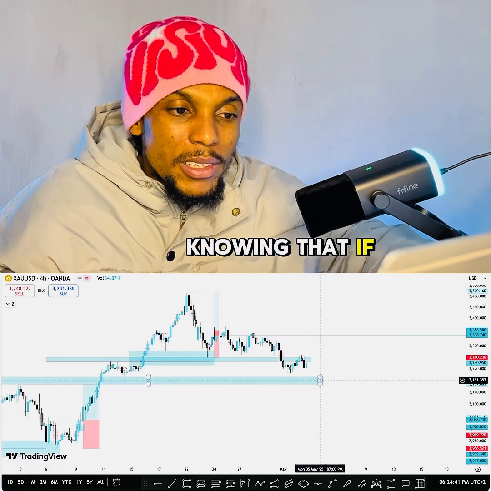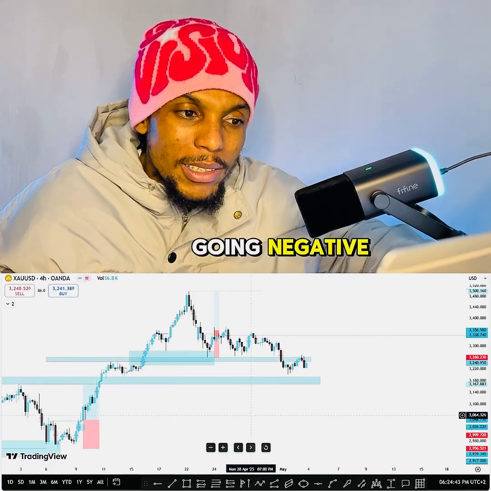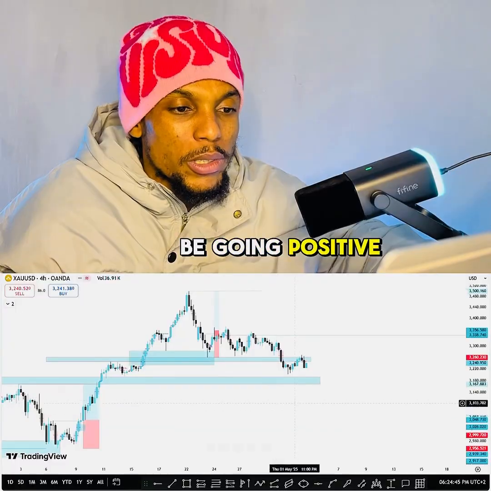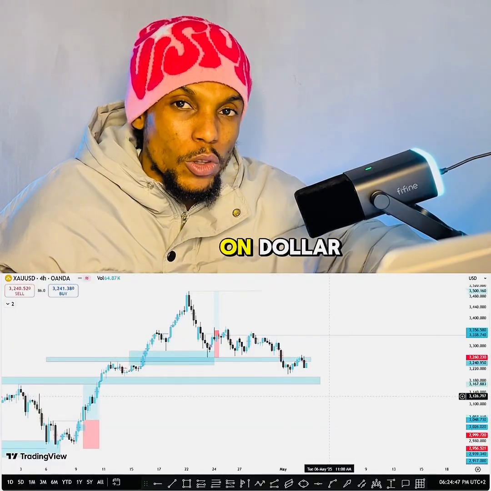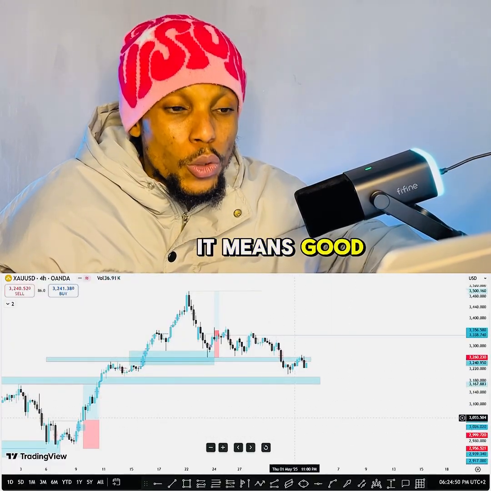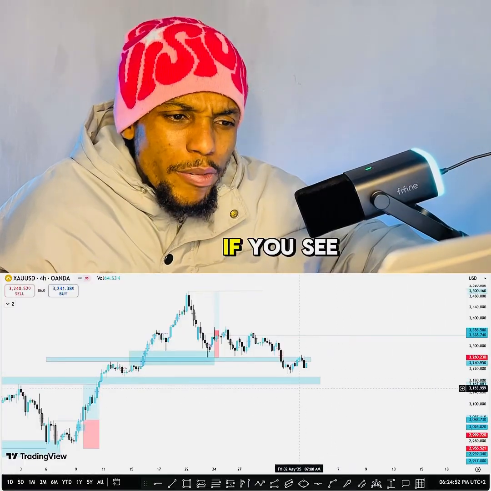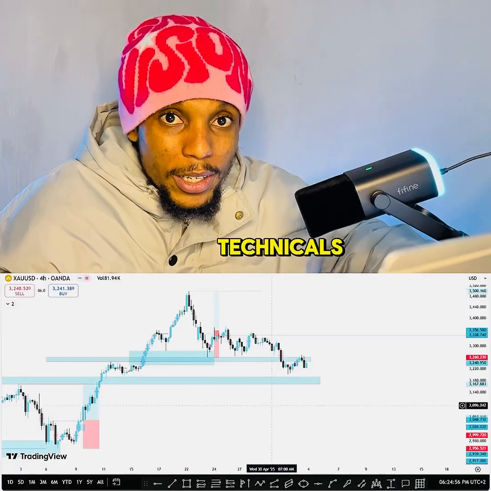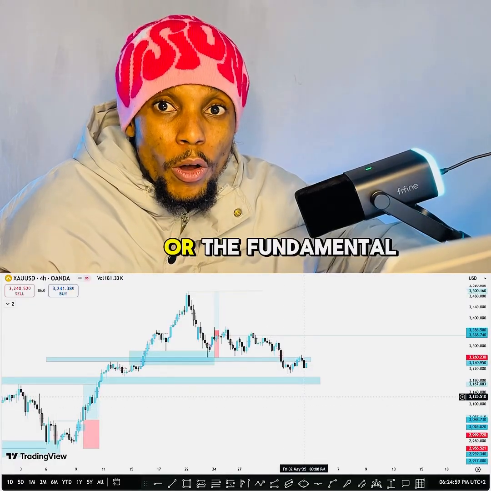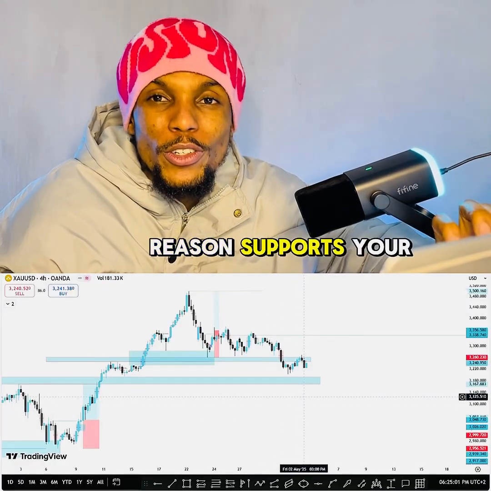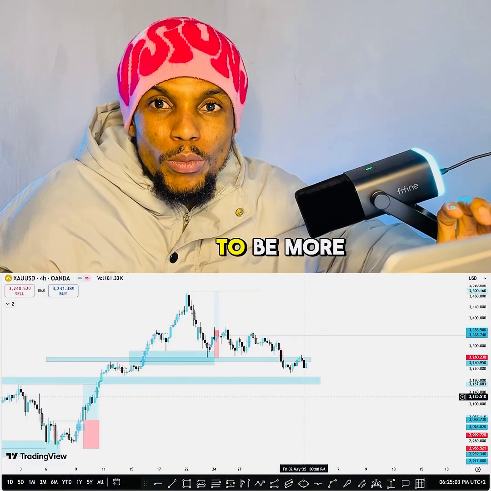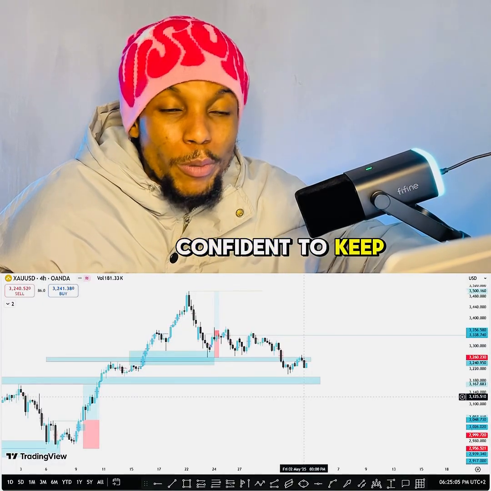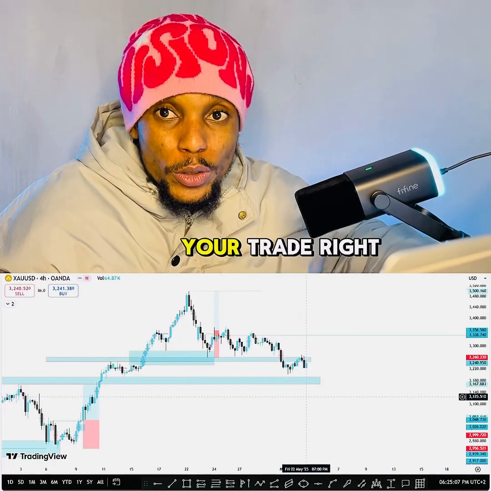Knowing that if dollar is going negative, gold should be going positive. If there is negative news on dollar, it means good news on gold. Then, if you see a good price action from your technicals, then the news or the fundamental reason supports your technicals, so you are more confident to keep holding your trade or to enter your trade, right?